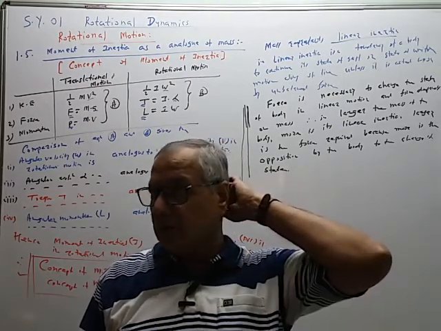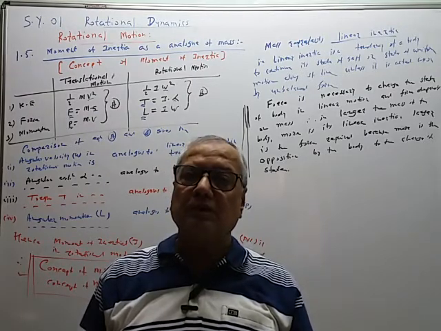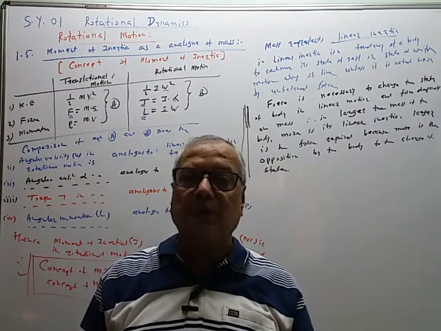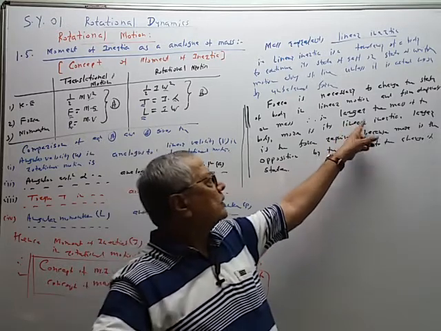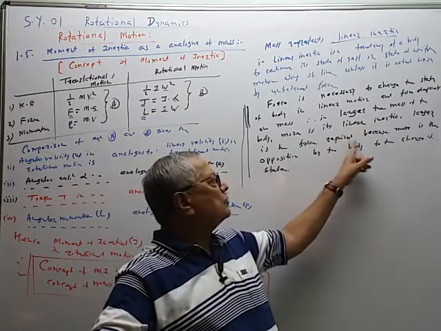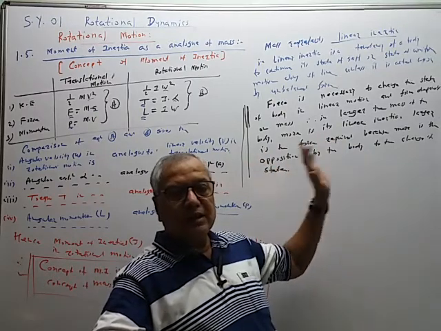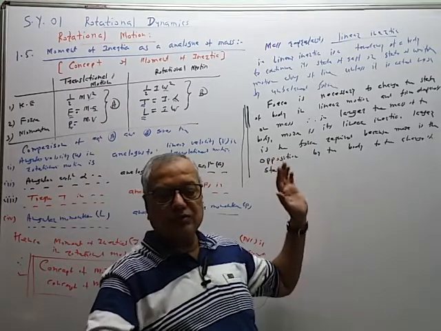So change of state is possible by applying the force, but the value of the force depends upon the mass, upon the linear inertia. More the mass, more is the linear inertia, larger is the force required because more is the opposition. So in linear motion, mass represents opposition to the change of state.